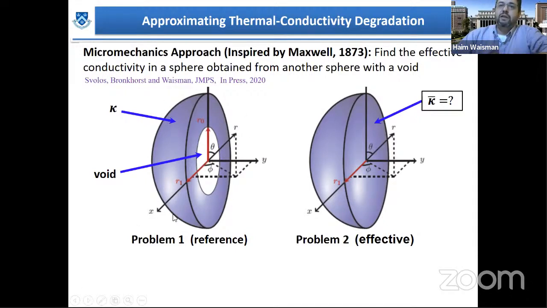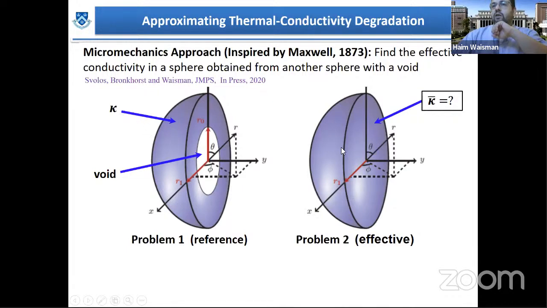So imagine that this sphere is a single Gauss point that you are sitting and zooming into, right? What we define is the following two problems. In the first problem, we will have that sphere with a void in the center of the sphere.